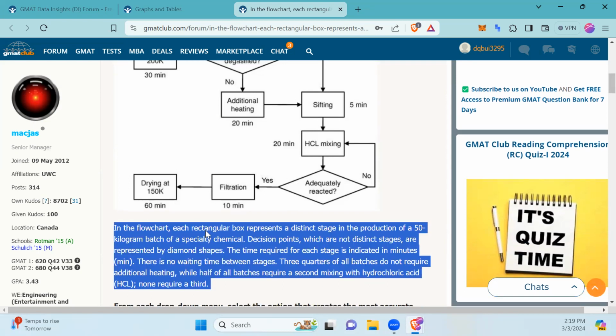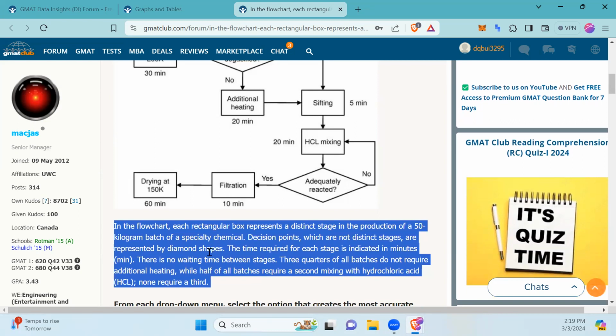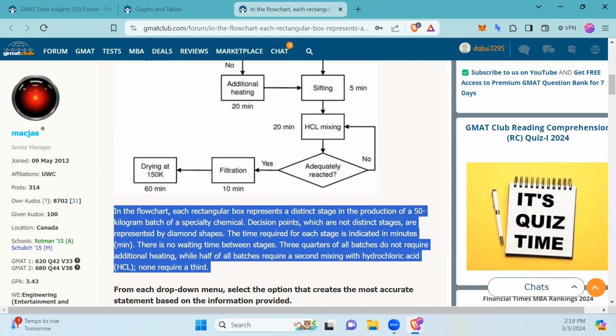So now, with that context in mind, we're going to start reading the prompt below. So let's take another 20 seconds to read the prompt and then discuss what the prompt is saying.